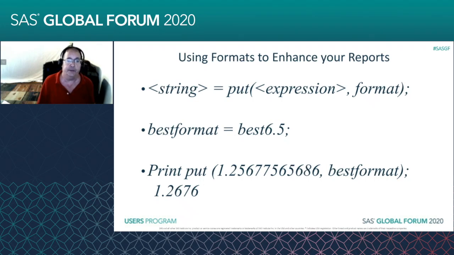Next, you do a best format equals best 6.5. That means best format is now a variable within CASL that understands that it's a best 6.5. I can change that to any other thing I want to, anytime I want to. And then I can use it in a put statement, and I get my expected results. So best format could be anything, but in this particular case, it's best 6.5.